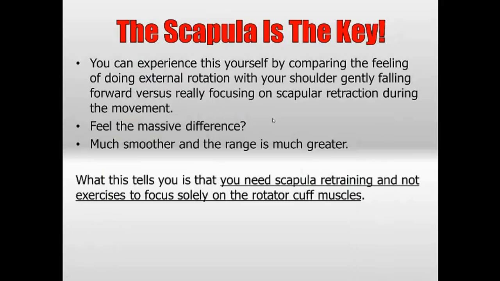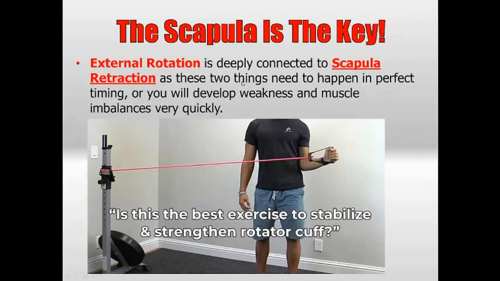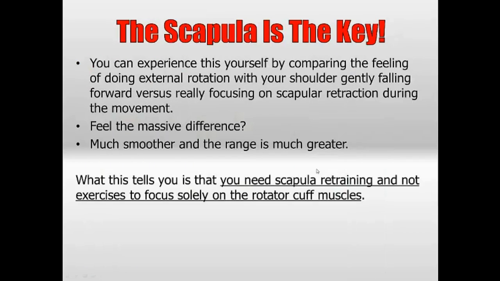All right, so to feel that yourself, you can do that exercise of external rotation, just by trying to move it, but then do your second part where you actually focus on the retraction of the scapula first and then move the shoulder, and you'll see that it's much smoother and the range is greater when you focus on the scapular retraction first.